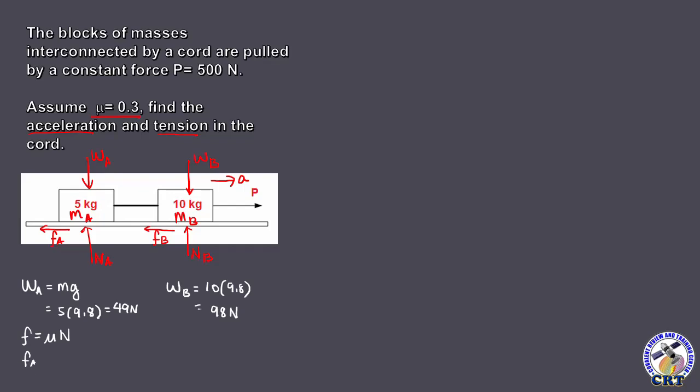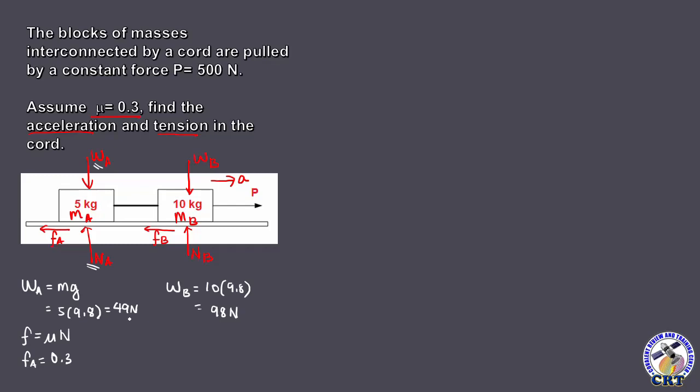For Fa, mu is 0.3, N is equivalent to, so let us first solve NA. Based on the free body diagram, NA is going upward while WA is going downward. Or simply, solve the summation of vertical forces.